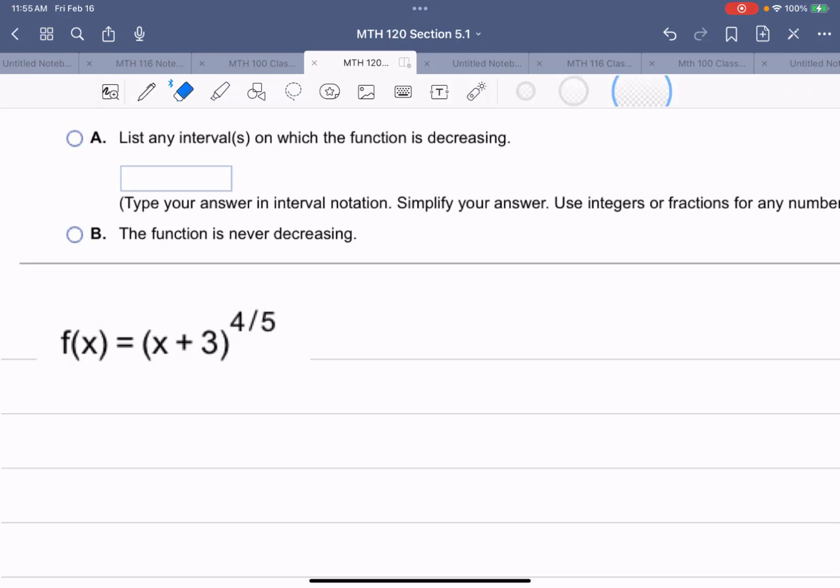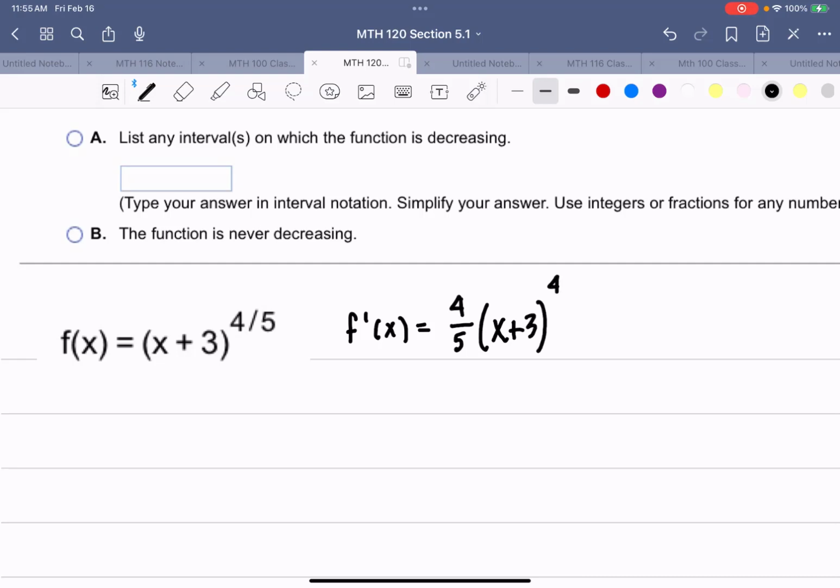So let's see. F prime of x is the power 4/5 times the base (x plus 3) to the power 4/5 minus 1.